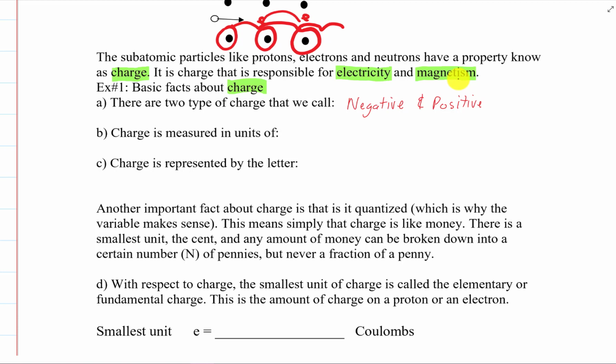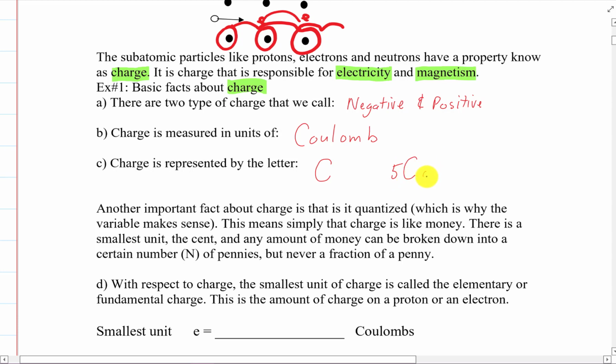Charge is measured in the units of, what's the unit for charge? Anyone know? Coulomb. And the letter that it's abbreviated to, capital C. So we could have 5 coulombs of charge.